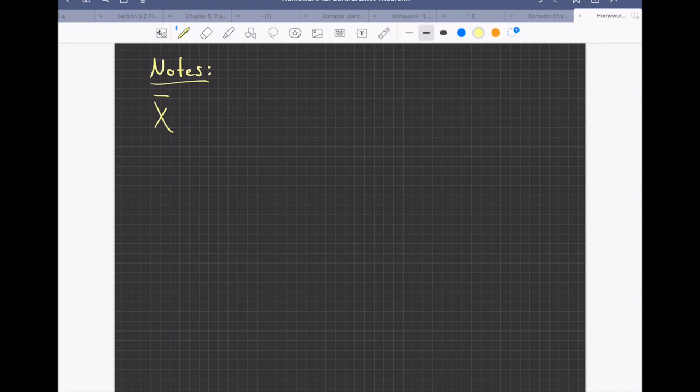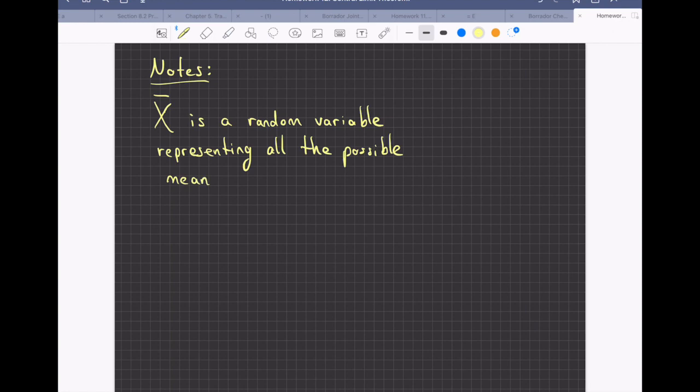But here, this is a random variable representing all the possible means for samples with size n. First note.